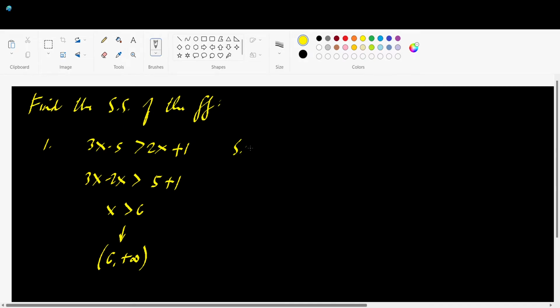So we shall write the solution set as the interval 6 to positive infinity. Any number in this interval will satisfy the given inequality. So 6.1, 6.01, 8, 10, any number greater than 6 will satisfy the inequality. Of course, the endpoint 6 is not included.